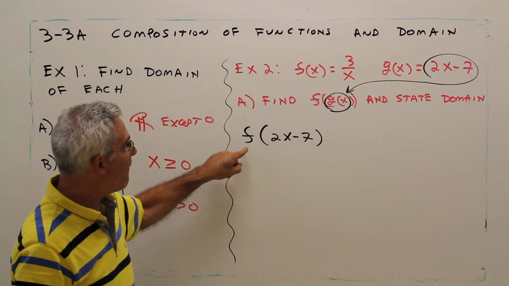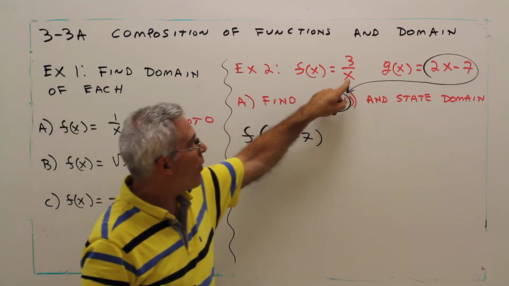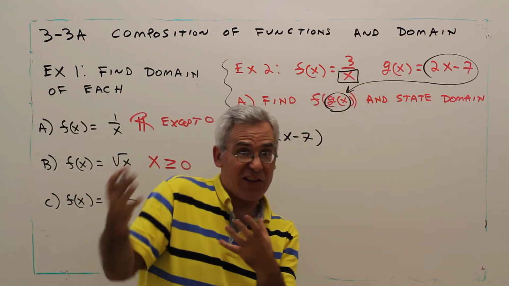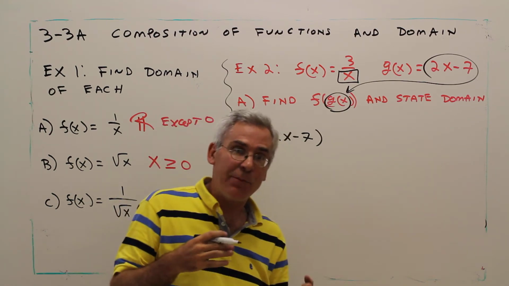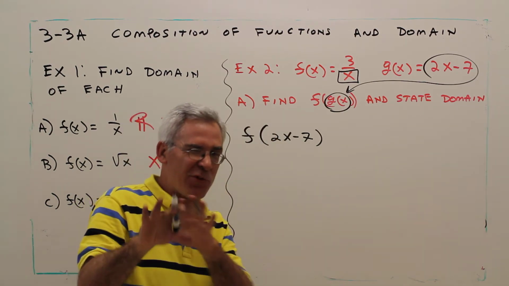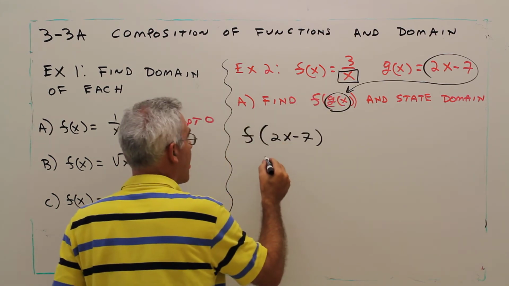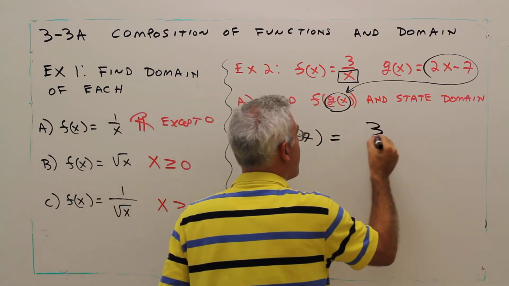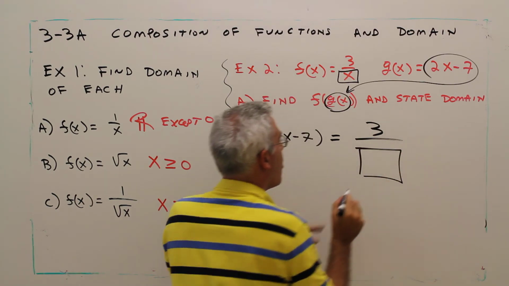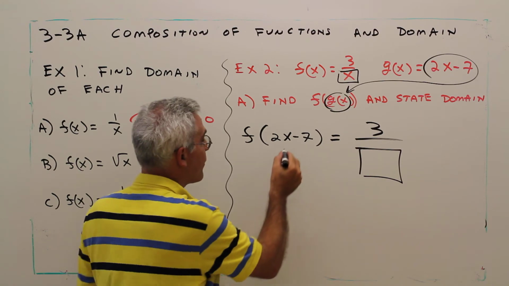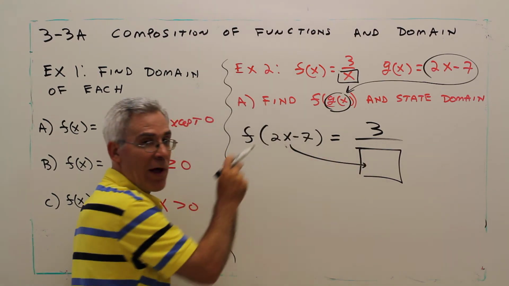Then I'm going to go to my f function, and wherever I see an x, I'm just going to replace it with an input box, because one function is getting input into the other. Some students have confusion with that. So I'm going to write my f function as 3 over input box, and what goes inside the input box is this quantity right there.